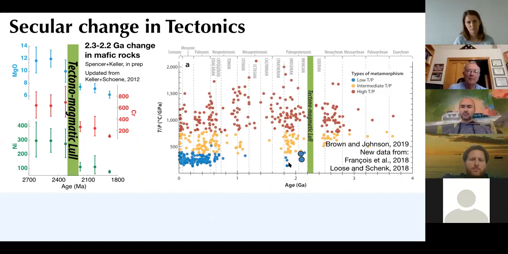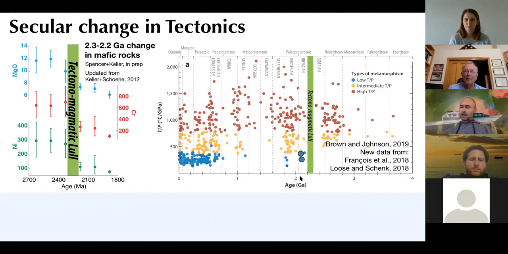I'd like to get Mike's opinion on some of the new data from the Paleoproterozoic low temperature, high pressure metamorphic rocks that seem to first come into existence after this tectonomagmatic lull at about 2.3 to 2.2 billion.